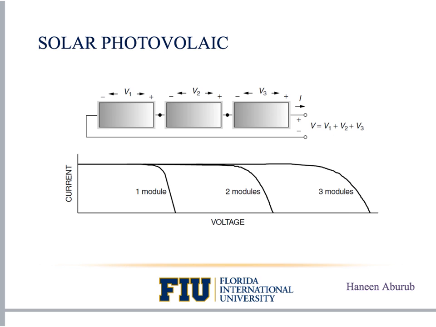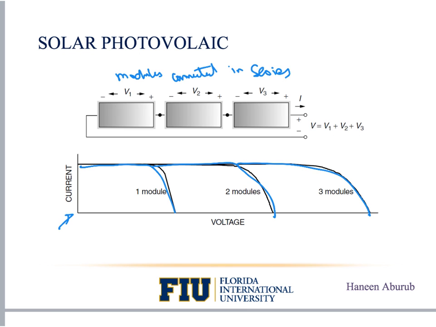Now for modules connected in series, the IV curves shown here, the current voltage curves are simply added along the voltage axis. So this is the curve for module 1, this is the curve for module 2, and this is the curve for module 3.